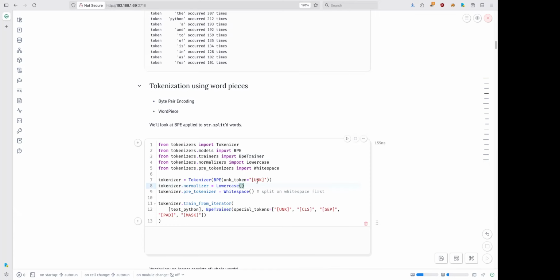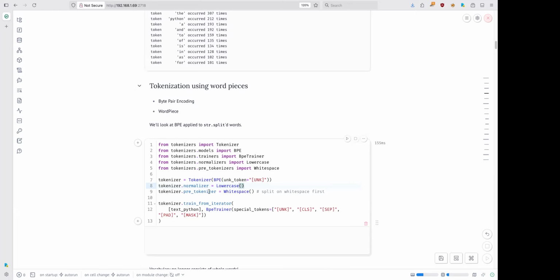So in particular, here we will convert our text to lowercase. Here we tell the tokenizer that before analyzing the text, we want to convert it to lowercase. Why? Because maybe capital letters don't add much information in your particular application. Maybe they do. Maybe you don't want this feature to be enabled.